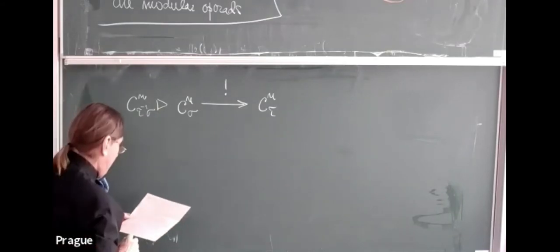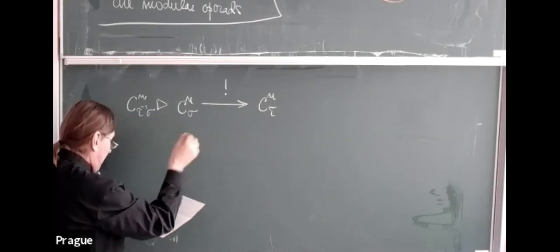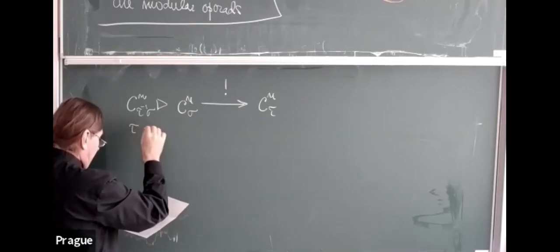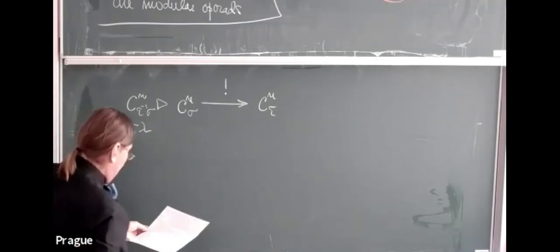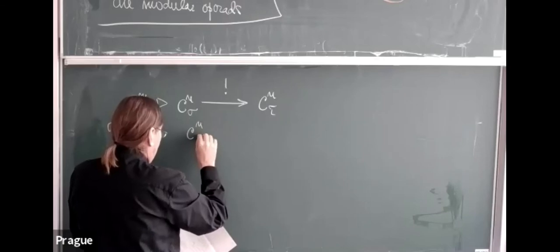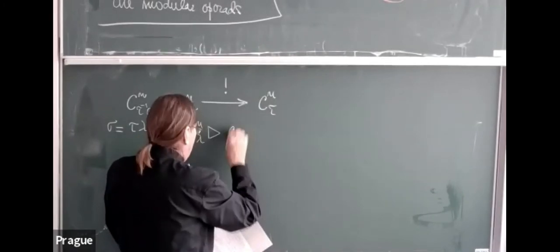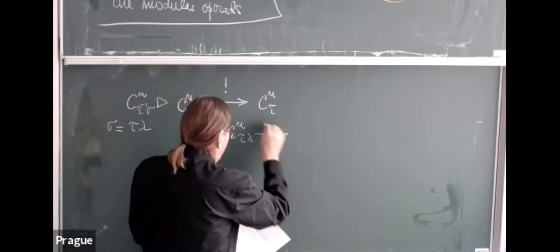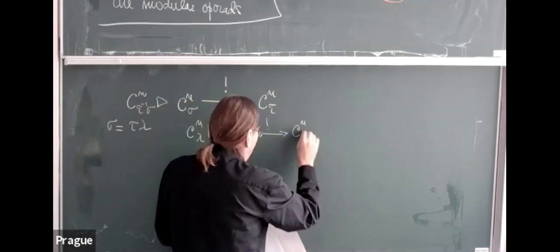And if I make a substitution, because it doesn't look very intelligent, if instead of sigma I write tau lambda, then I'll get the diagram C_n lambda, which is the fiber of C_n tau lambda, which goes to C_n tau.